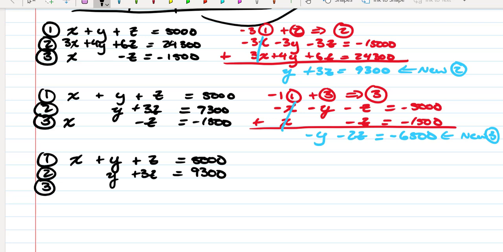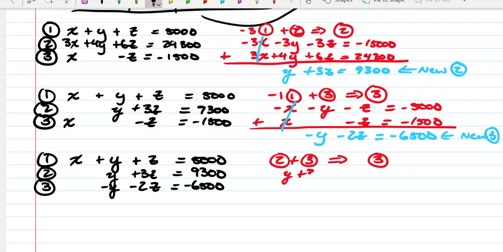My new equation 3 is negative y minus 2z is equal to negative 6,500. So now I need to eliminate the y in equation 3, and our y coefficients are already equal but opposite, so it's just equation 2 plus equation 3 to replace equation 3.